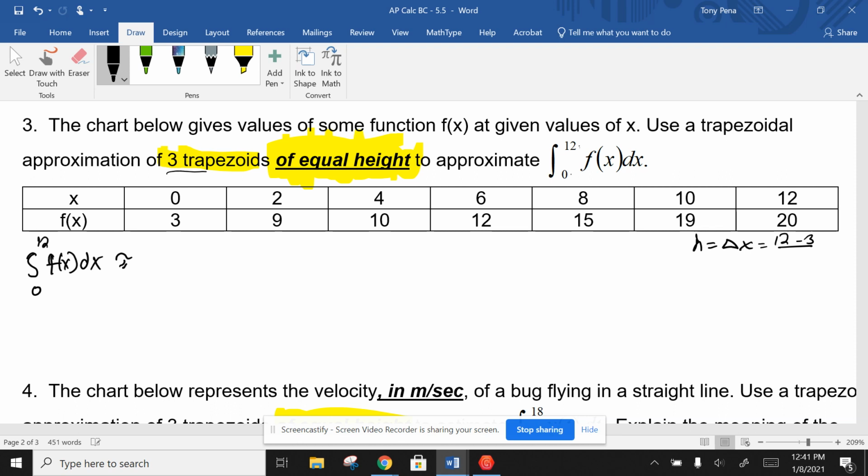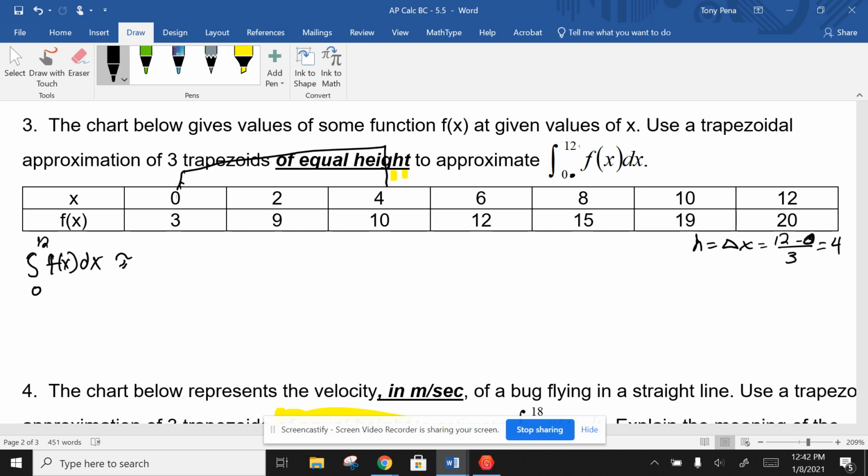I want you to do this with 3 trapezoids. So we are going over every step by 4. If I start at 0, which I have to because that's the lower limit, and I move over 4, I like making mine look like trapezoids, so it's up to you if you want to do that. I'm going to draw this in to make it look like a trapezoid, going from 0 to 4.